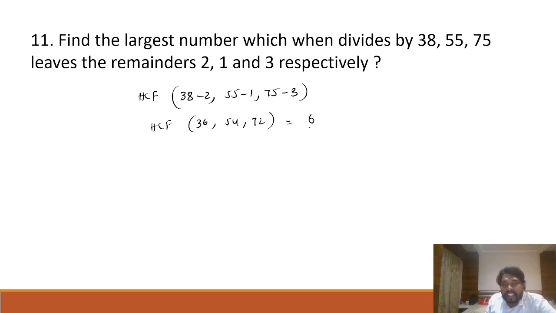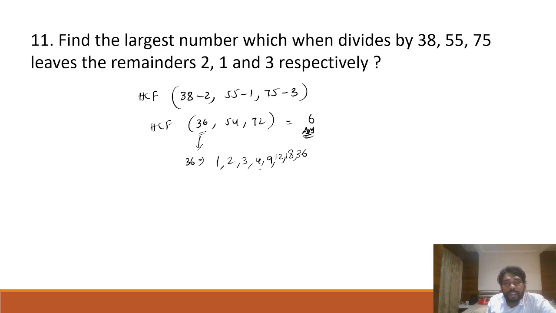Answer is 6. Okay. So one shortcut for finding HCF is: take the smallest number and write the factors of this number. 1 times 36, 2 times 18, 3 times 12, 4 times 9.